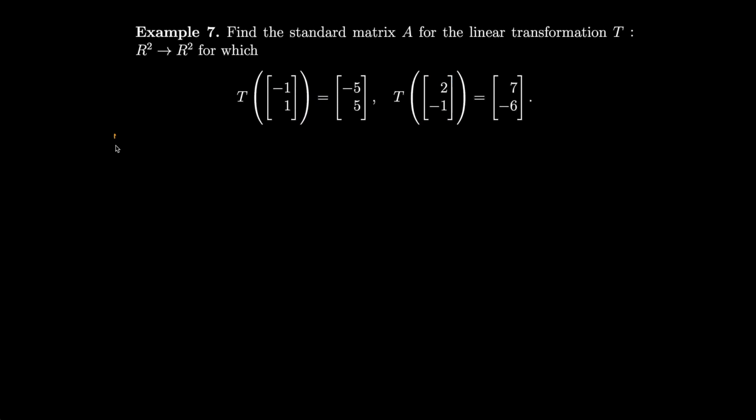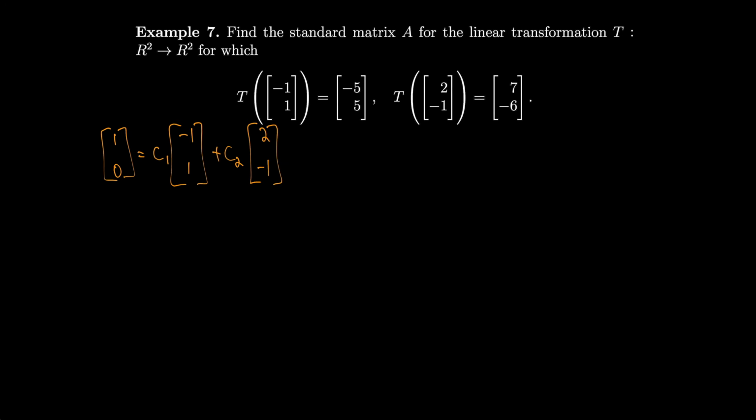So we'll take 1, 0 and write that as some linear combination of minus 1, 1 and 2, minus 1. We don't know what constants fit yet, but we'll figure it out. It'll be something times minus 1, 1 plus something times 2, minus 1.